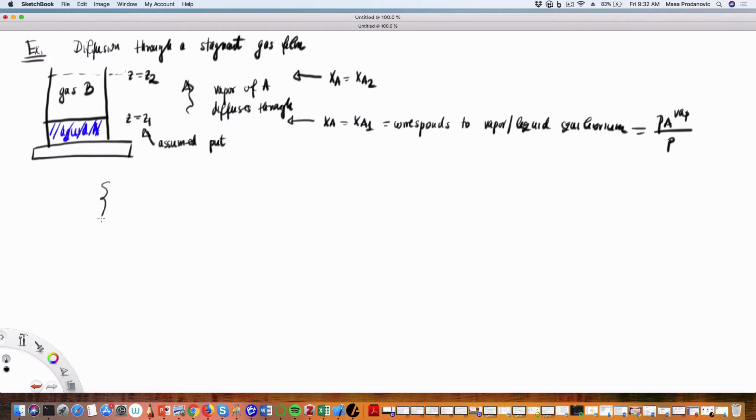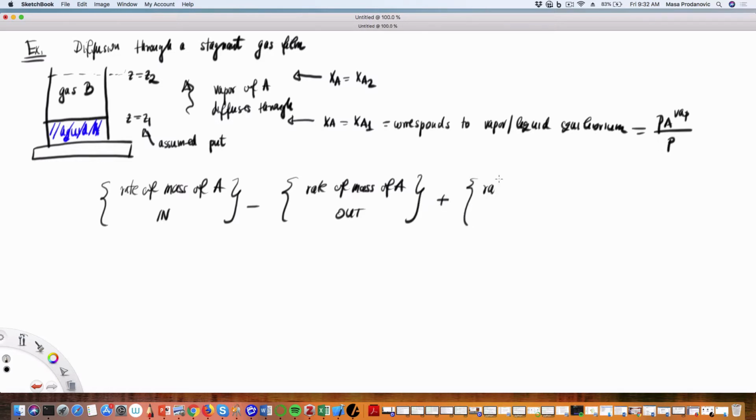So my shell balance is rate of mass of A coming in minus rate of mass of A coming out plus any production is 0.